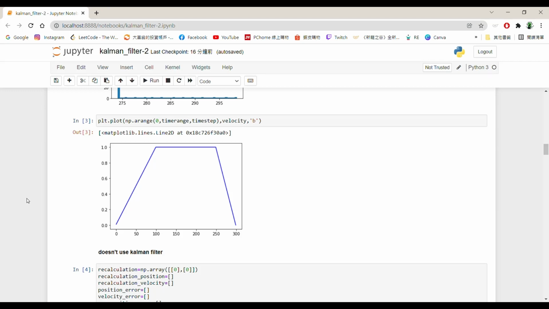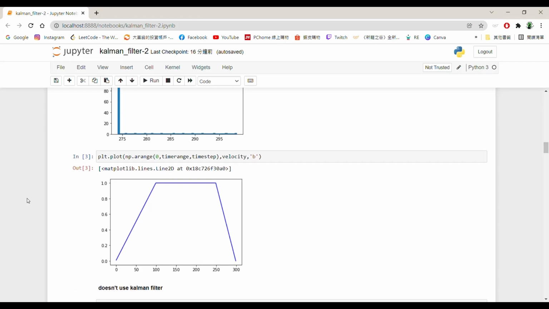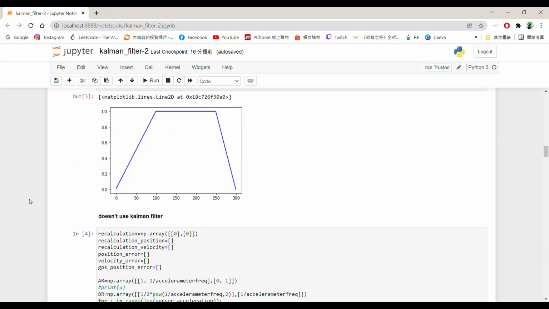When the above is done, we first print the graph of the GPS and accelerometer's data to become a control group of the experiment. And after that, we first test the experiment without the Kalman filter.